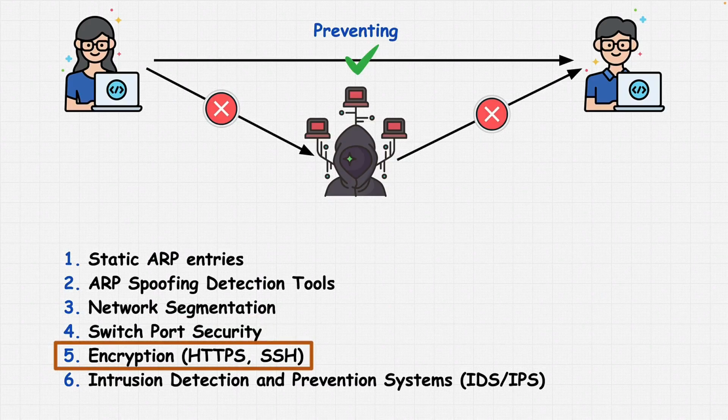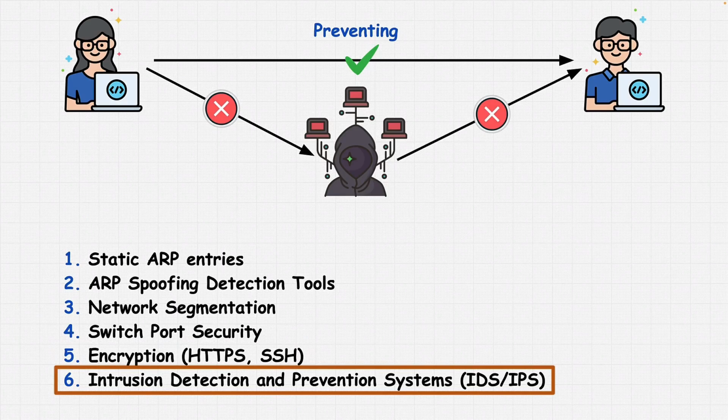Encryption is also important, since even if an attacker, let's say, intercepts the data, encryption protocols like HTTPS or SSH can prevent them from reading or modifying sensitive information. And lastly, you can implement IDS and IPS systems. There are tools like Snort that can detect and block ARP spoofing attempts by analyzing network traffic for abnormal ARP activity.